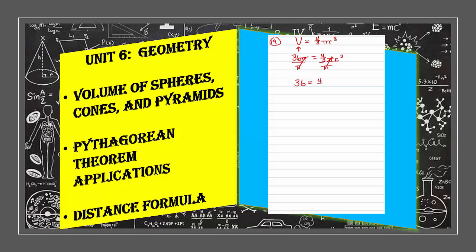36 is equal to 4/3 r cubed. Now, where I have 4/3 multiplied to r cubed, I have got to deal with the fraction first. In order to clear a fraction, we multiply by its reciprocal, so 3/4. Where I notice, hey, the 3 and the 3 clear each other out, the 4 and the 4 clear each other out. What I do to one side of the equation, I've got to do to the other side, so I'm going to multiply this side of the equation by 3/4.